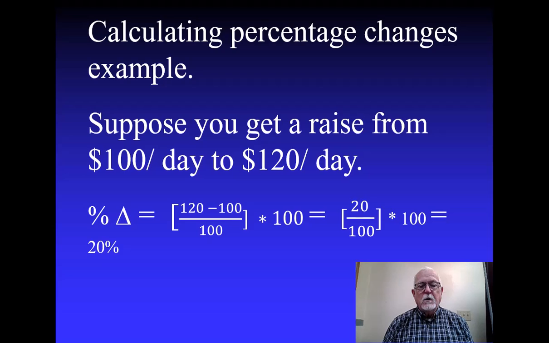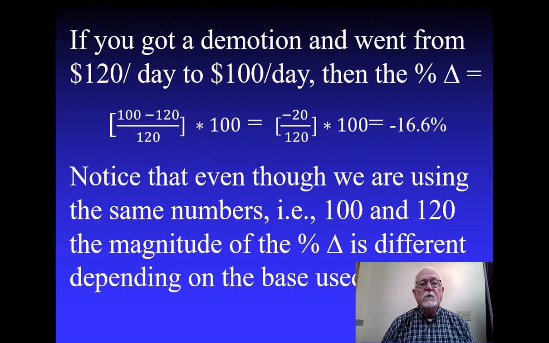However, if we use those same numbers, $100, $120, but you got a demotion where your pay is cut from $120 a day to $100, then the percentage change, yes, it's negative, but notice the absolute value of the numbers are different. Here it's not 20%, but 16.6%. So whether we're going up or down, we'll change the percentage calculations because of the denominator on our percent calculations.